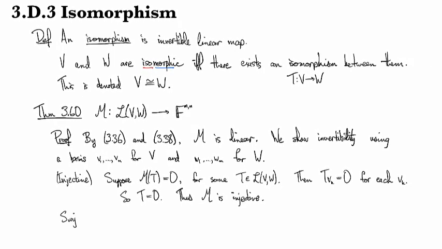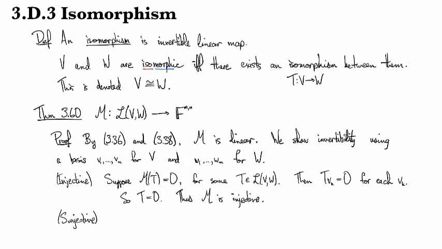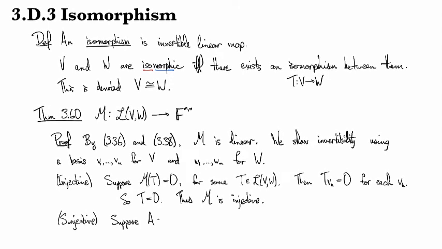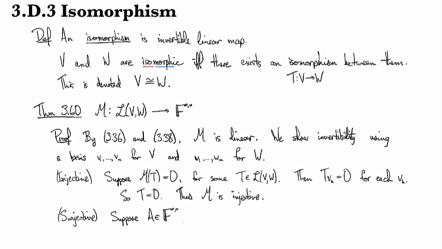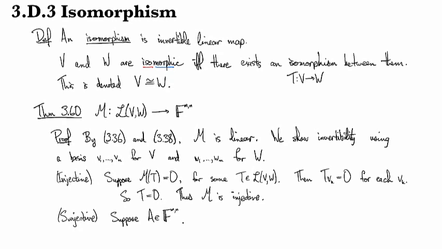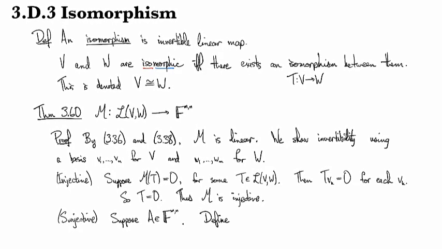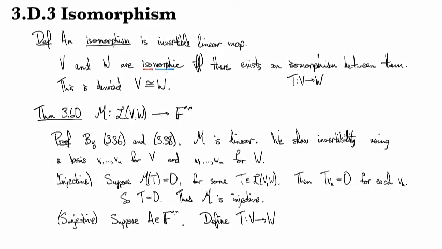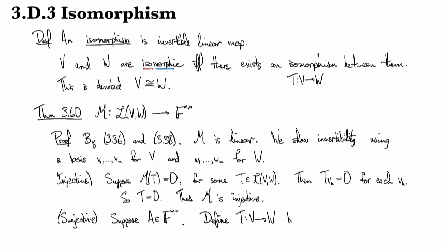Now we look at surjectivity. Why is M surjective? Well, suppose we take an M by N matrix. What is the linear transform that gets mapped to this matrix? Can we find one? Yes, we can. We just define T in the way that works based on the definition of the matrix of a transform.